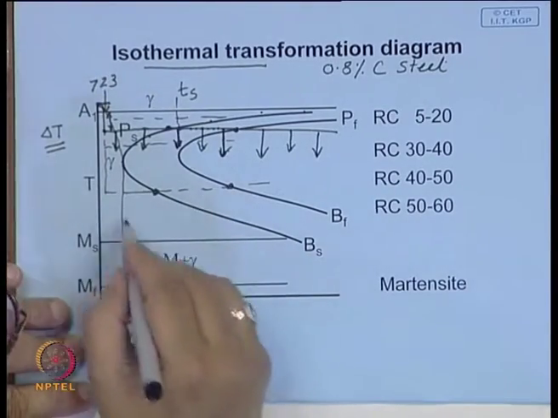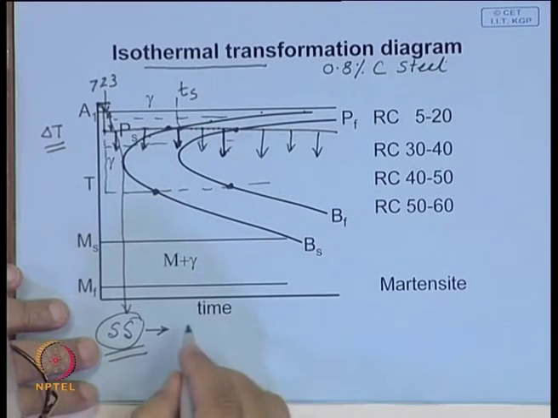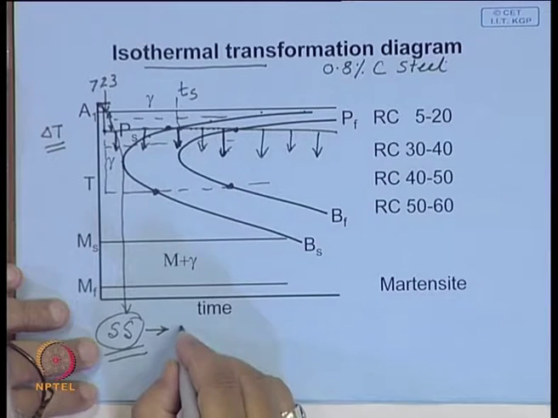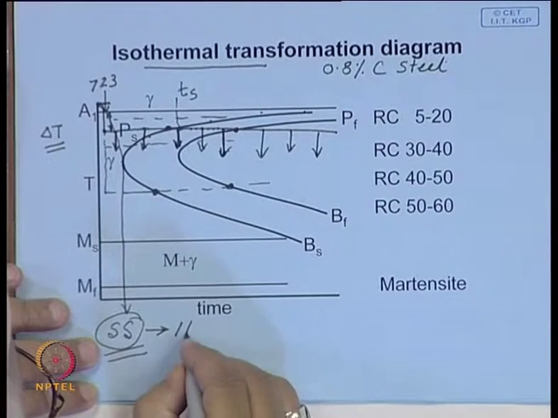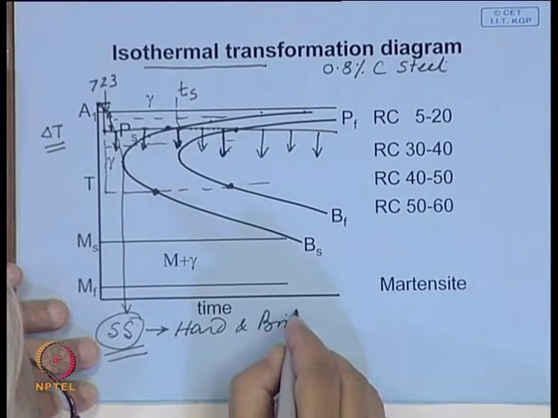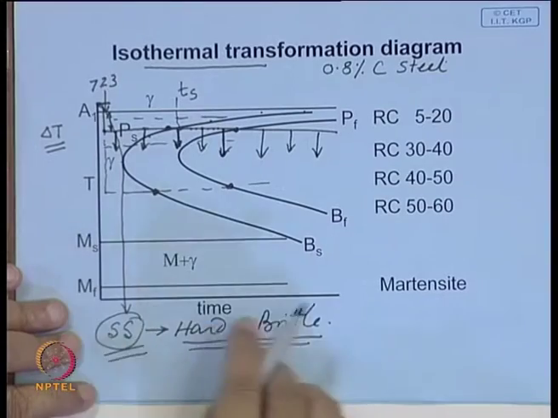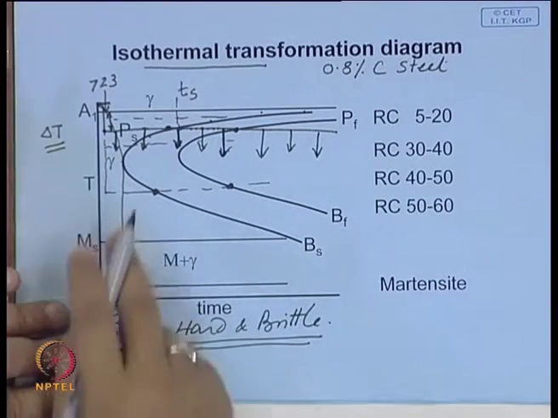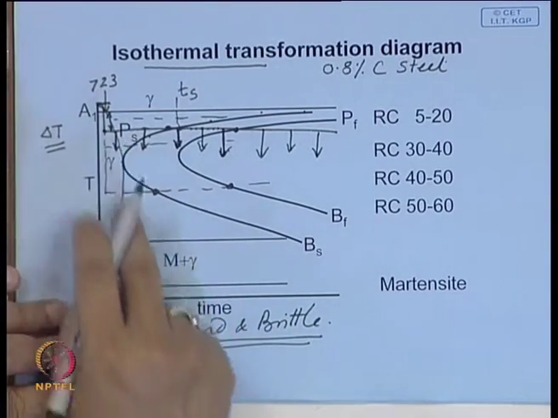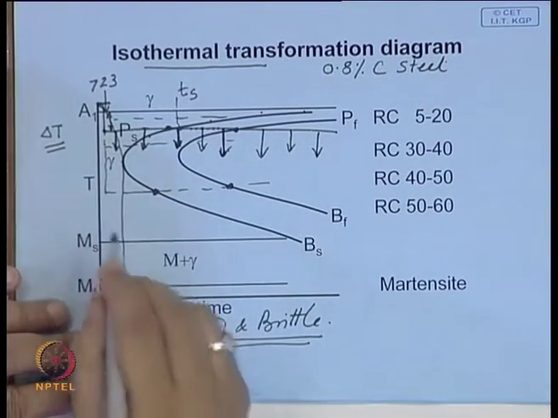Now, the difference here is that, unlike precipitation hardening, this supersaturated structure is extremely hard and brittle. So, this is the basic difference between precipitation hardening and the hardening that takes place by rapid cooling in steel.